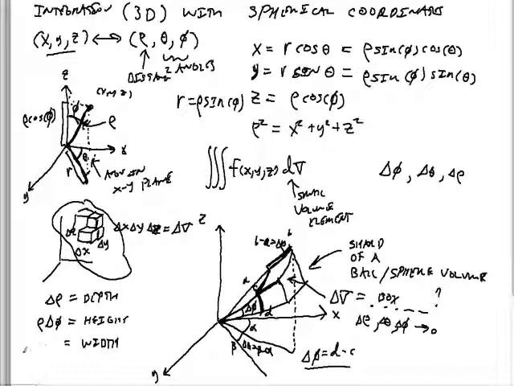The width of the box is going to be a little bit more complicated because we need to consider the fact that that width that's being swept across is not going to be proportional to just rho, but to rho times sine phi. Okay, and then that's times delta theta.